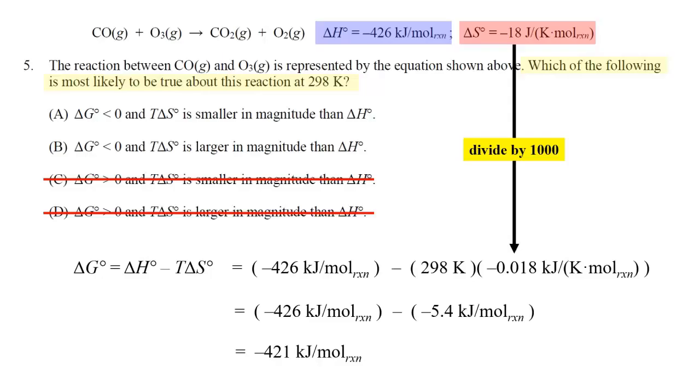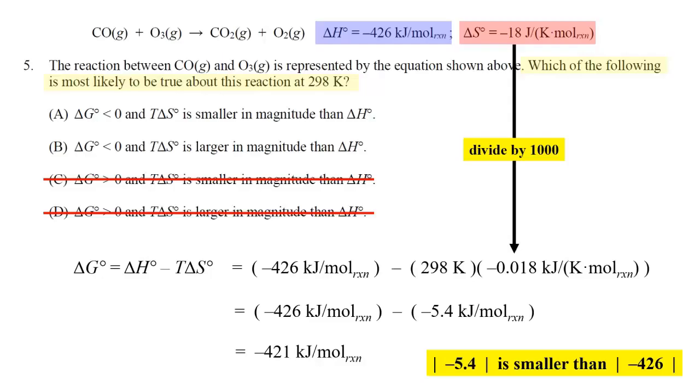Now, with respect to the T delta S term, that would be 298 times negative 0.018, and that works out to be negative 5.4. So the magnitude, I'm referring to the absolute value of that number. So the magnitude of T delta S would be 5.4.